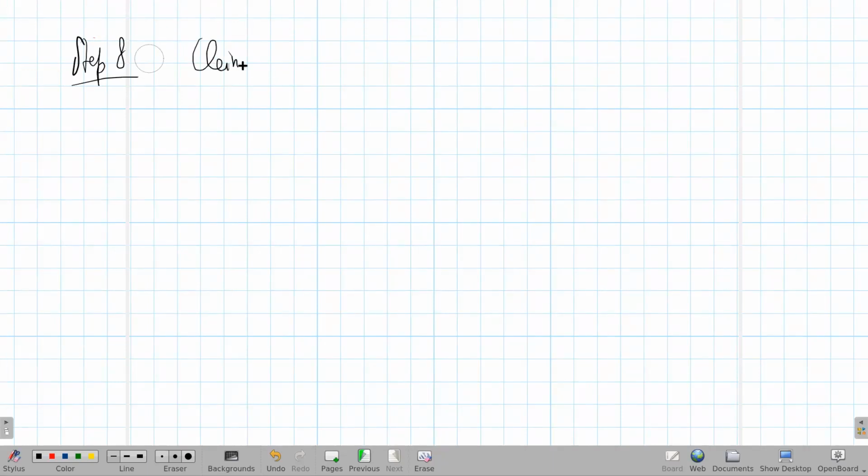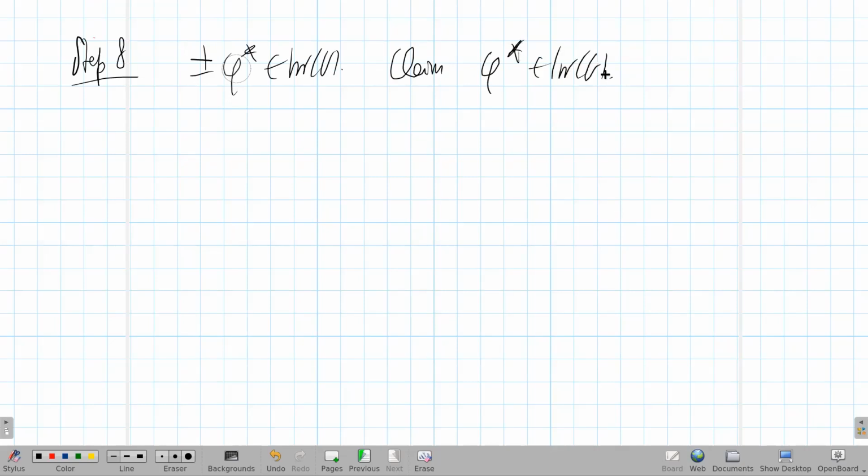Claim. So okay, we know already that plus or minus phi star is an irreducible character. Claim: phi star is actually an irreducible character. And this will be the extension we are looking for, okay? But we prove more. Phi star is an extension of phi, okay?